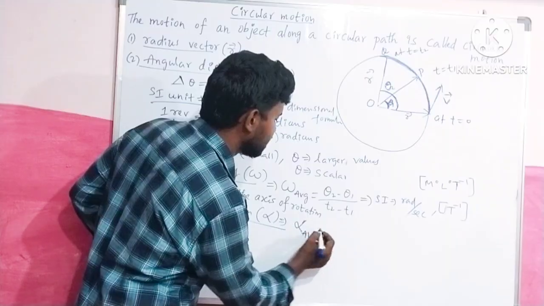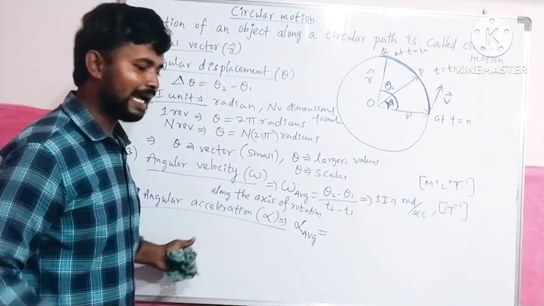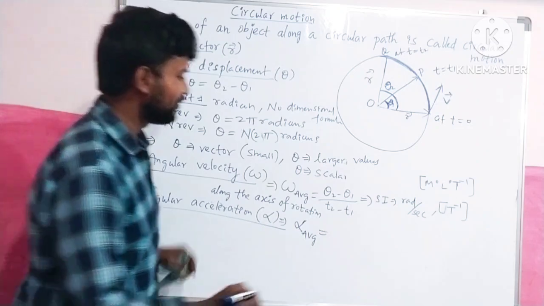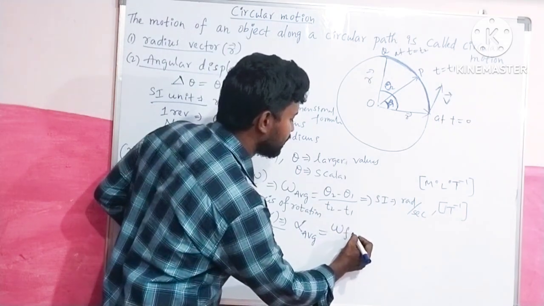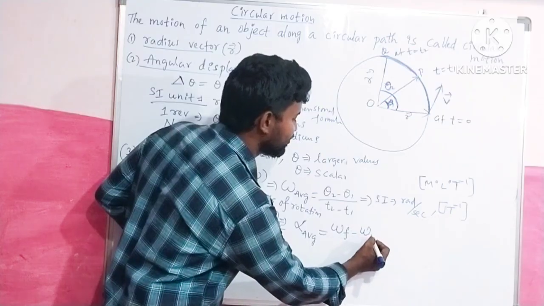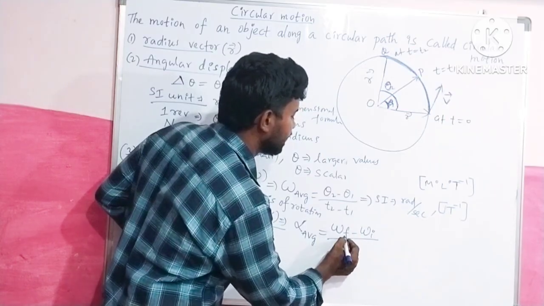Alpha average, the average angular acceleration, is equal to the change in angular velocity, final angular velocity minus initial angular velocity, divided by time.